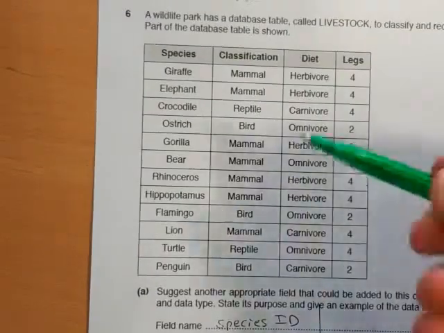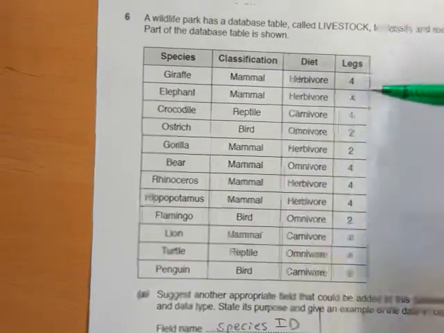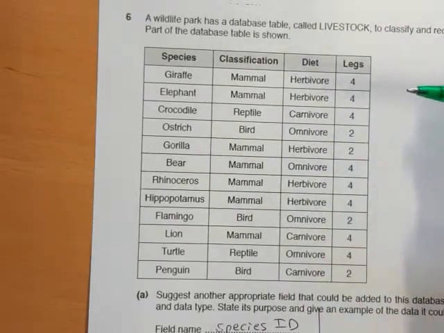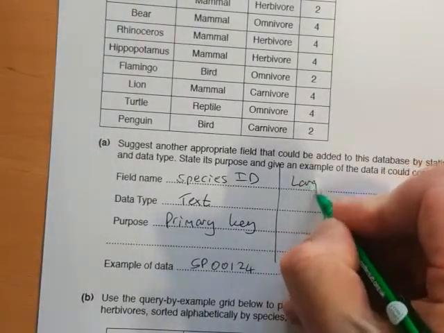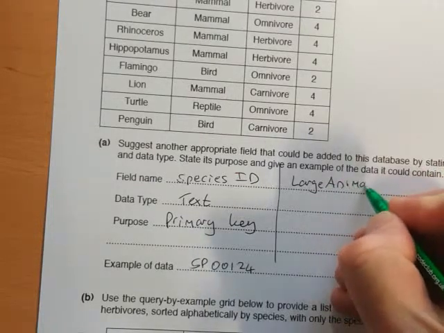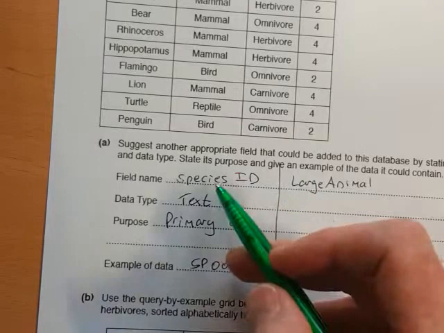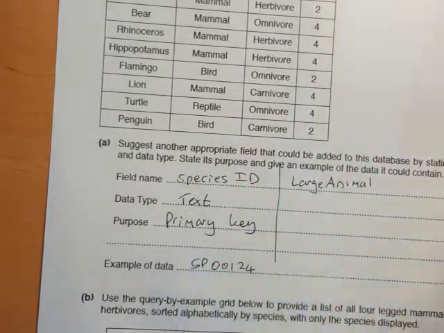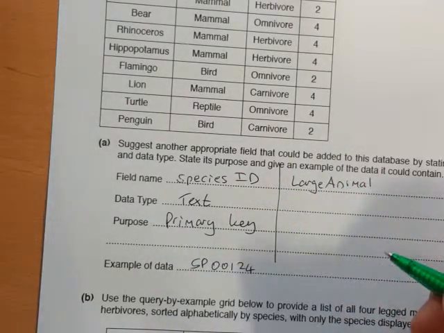Another field, looking at it, because we're talking specifically about species, something like whether it's a large animal. When you're given a field name, notice the text is not separated by spaces, so we join those together with capital letters for the start of each word: LargeAnimal.